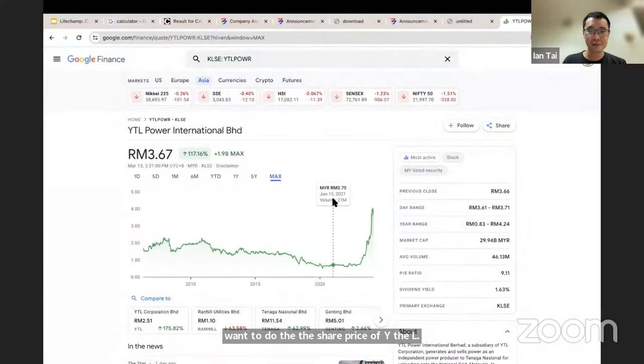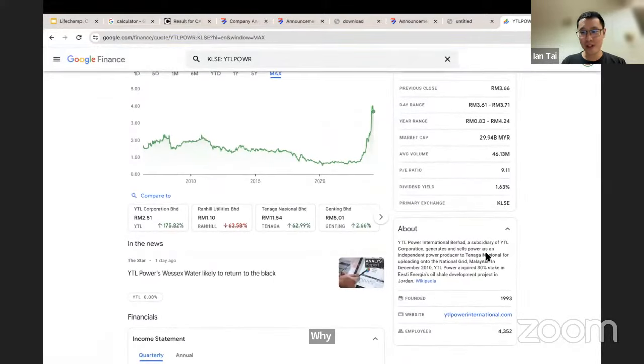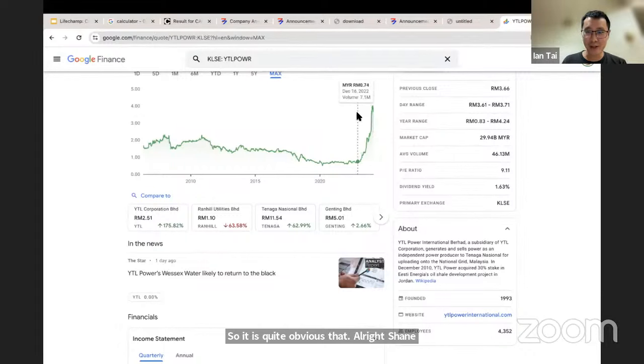But of course, if you want to do the share price of YTL Power, it is quite obvious that maybe this is what interests a lot of people. It just went to the moon.